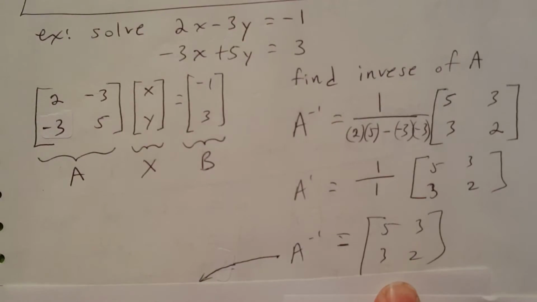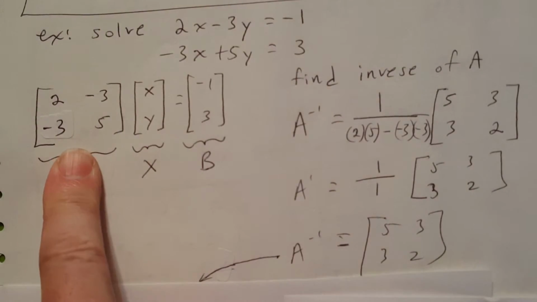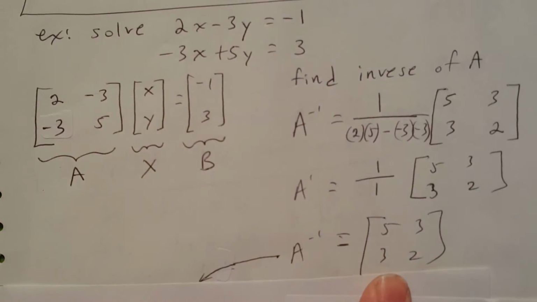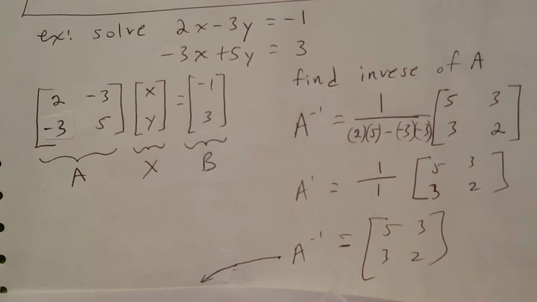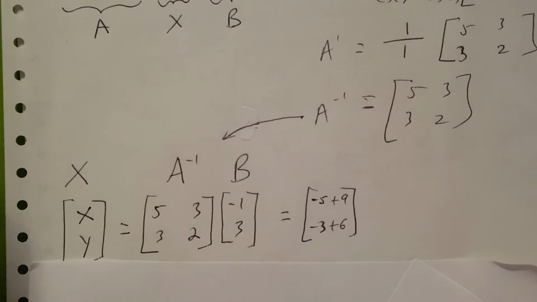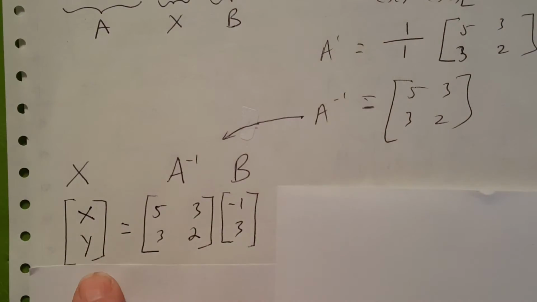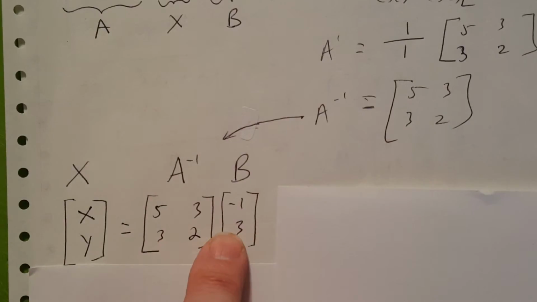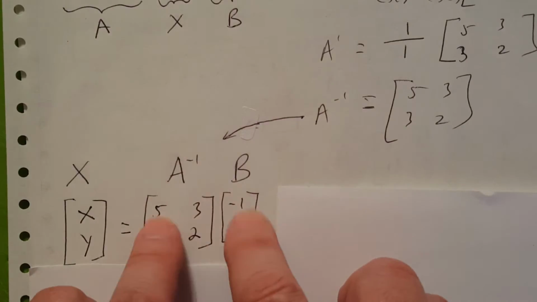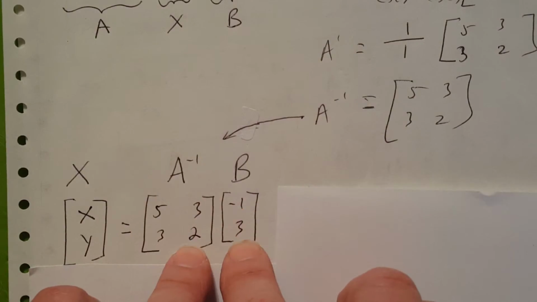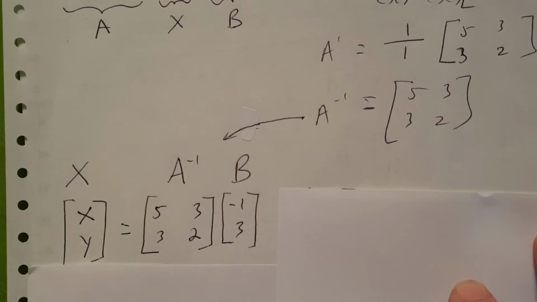Now what I'm going to do is get rid of this and multiply this by the inverse we just found. Isn't that what the rule up above told us? So x, y, our variable matrix, is equal to the inverse times the B matrix. Now all I have to do is multiply these two, and I'm done. So how do you multiply? You remember, going across, going down, and your answers, and you're done.